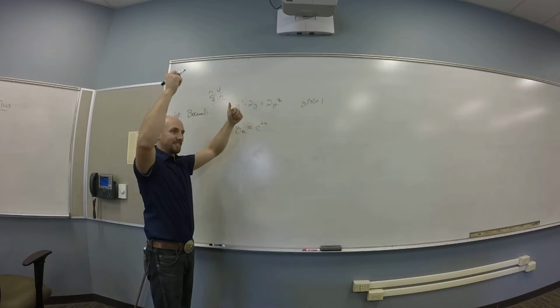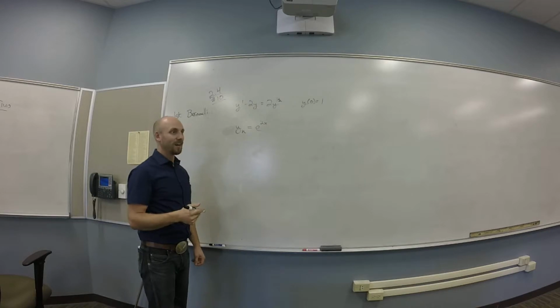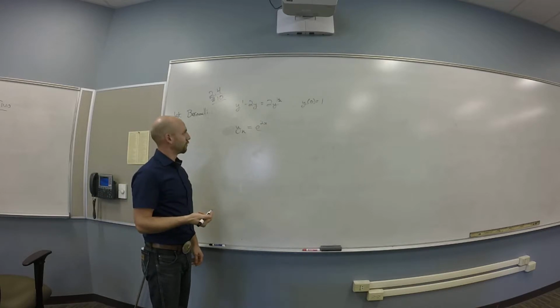Cool. Sweet. That's the homogeneous solution. Good deal. Then you do y homogeneous prime. Yeah, I already did that. You did that, you just didn't write it. I just did it in my head.